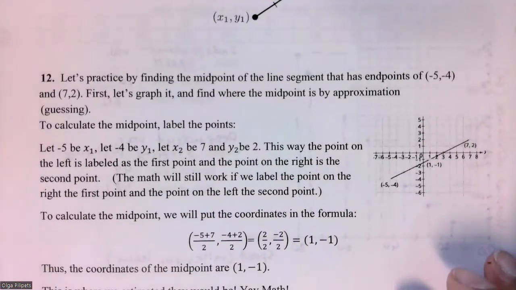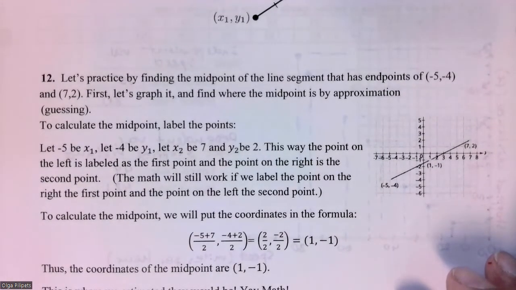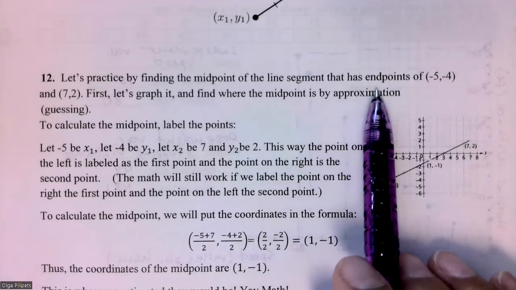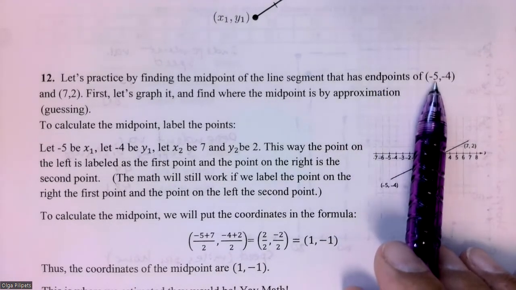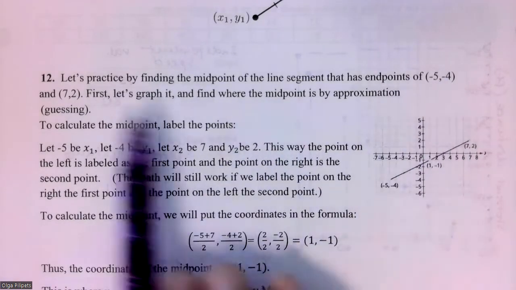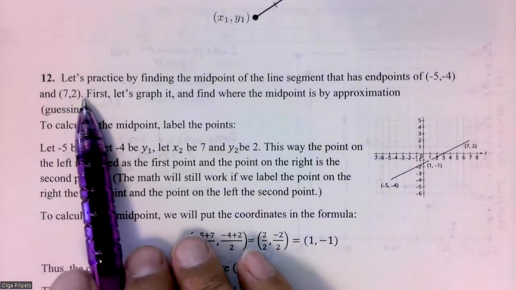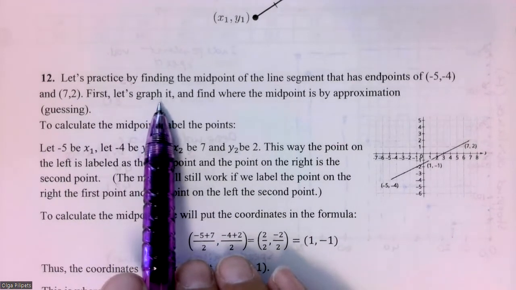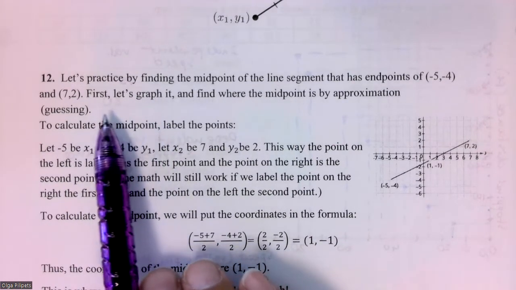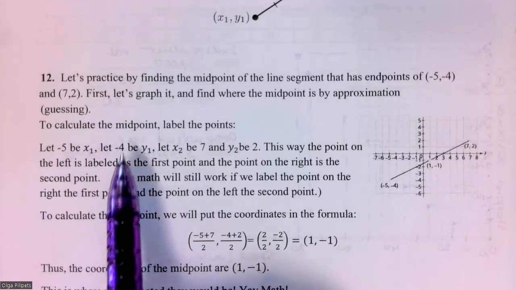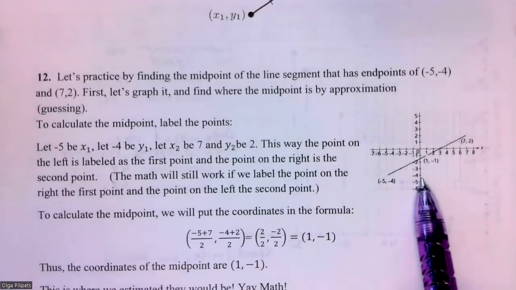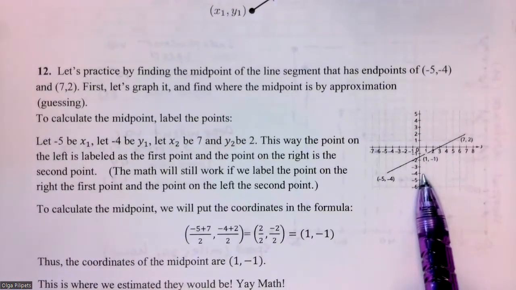Let's practice by finding the midpoint of the line segment that has endpoints of -5, -4, and 7, 2. First, let's graph it and find where the midpoint is by approximation or guessing. So here we have a graph.